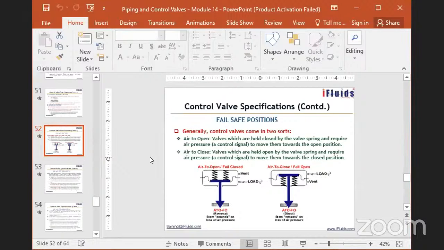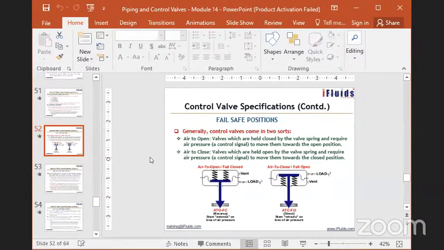So there is no table as such. I don't remember. Maybe if you go on the internet, you can search. Otherwise, the different types of valves for different applications in the process industries, we have discussed in this presentation.